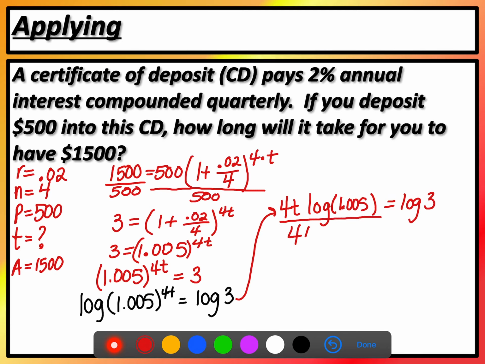And now I can get the t by itself if I divide out. So other than that decimal, which I know how we feel about decimals, other than that, this looks exactly like an exponential equation that we were doing in 5.2.